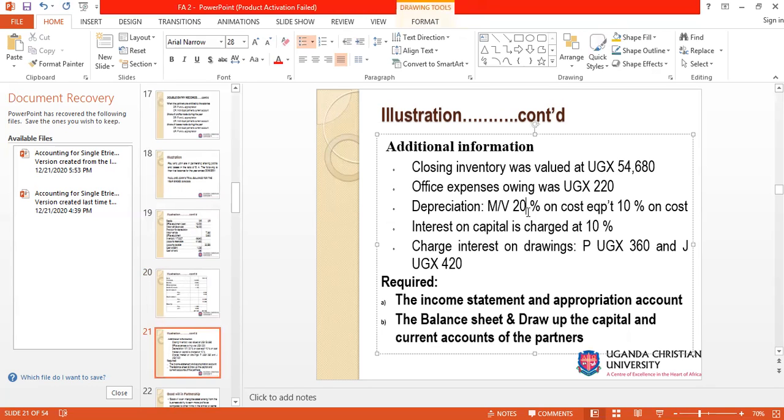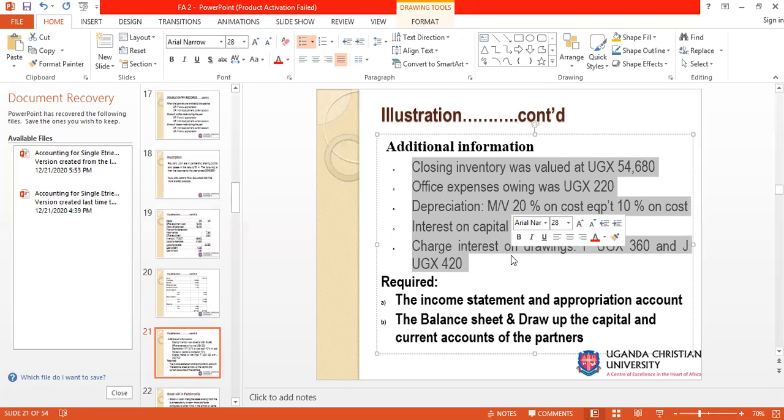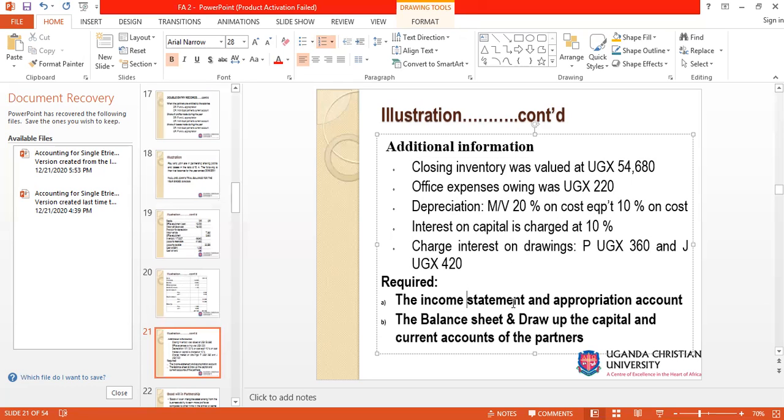Then additional information: closing inventory was valued at 54. Office expenses owing was 220. These are other additional information you would even see in other questions. We are required to prepare the income statement and appropriation account, the balance sheet, and draw up the capital and current accounts of the partners.